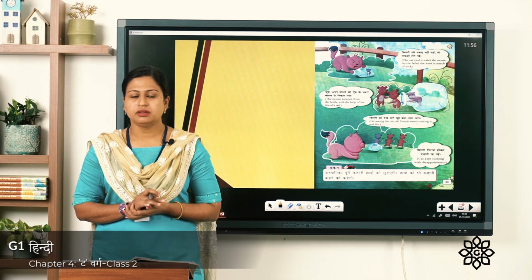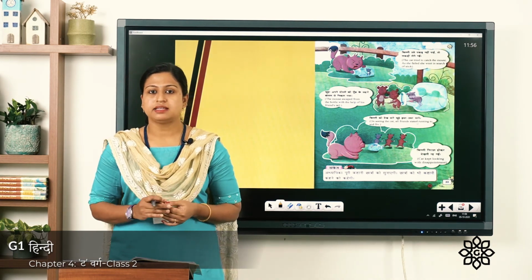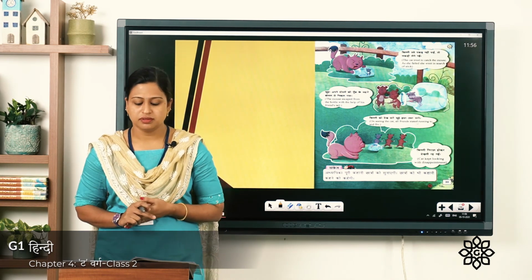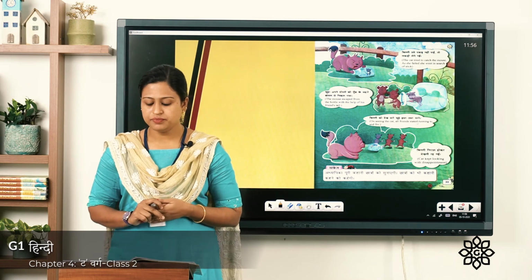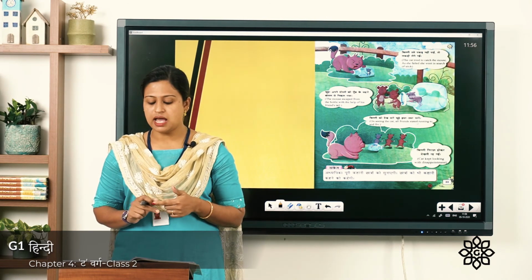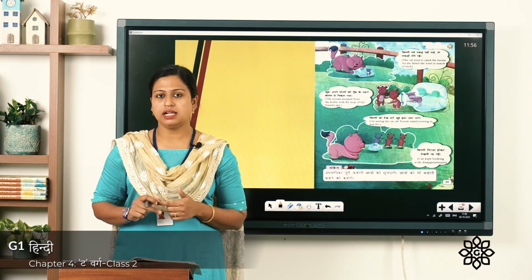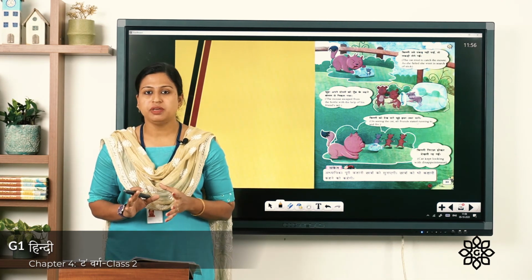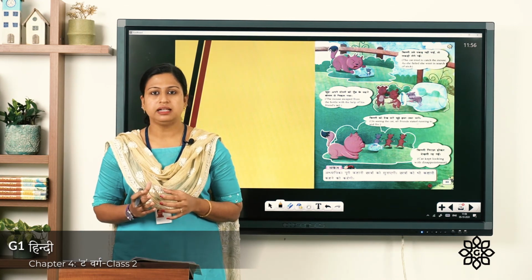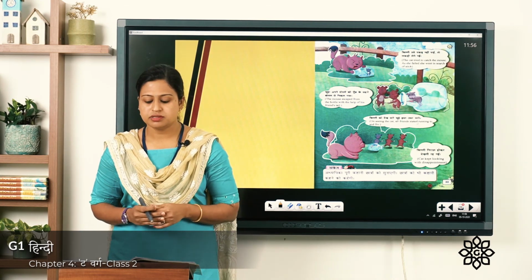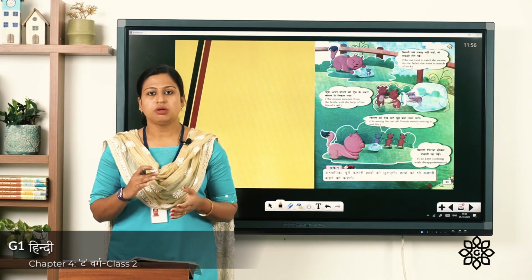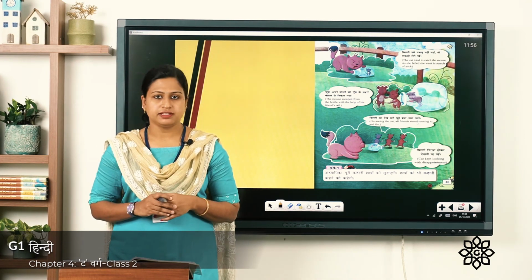At that time, the other 2 mice came and rescued this mouse. So the next line. चूहा अपने दोस्तों की पूंछ के सहारे बोतल से निकल गया. Here पूंछ means tail, bottle bottle, निकल came out. So the mouse escaped from the bottle with the help of his friends.